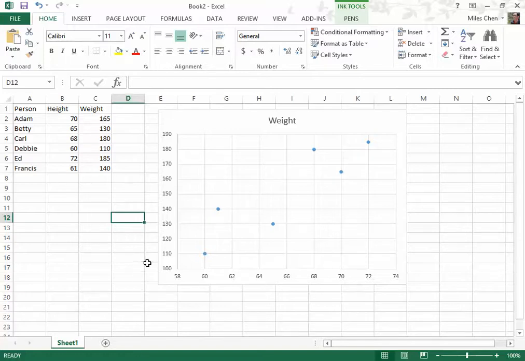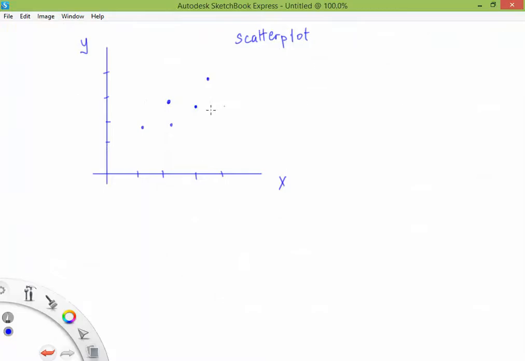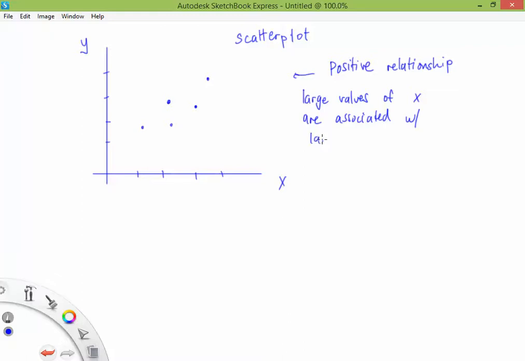So this is what we call a positive relationship. So let me see where I can enter this. I'm going to just put it over here. So it looks kind of like this, not necessarily, but this is a positive relationship. I'm going to write that here. So positive relationship means large values of one variable, so large values of x, are associated with large values of y.